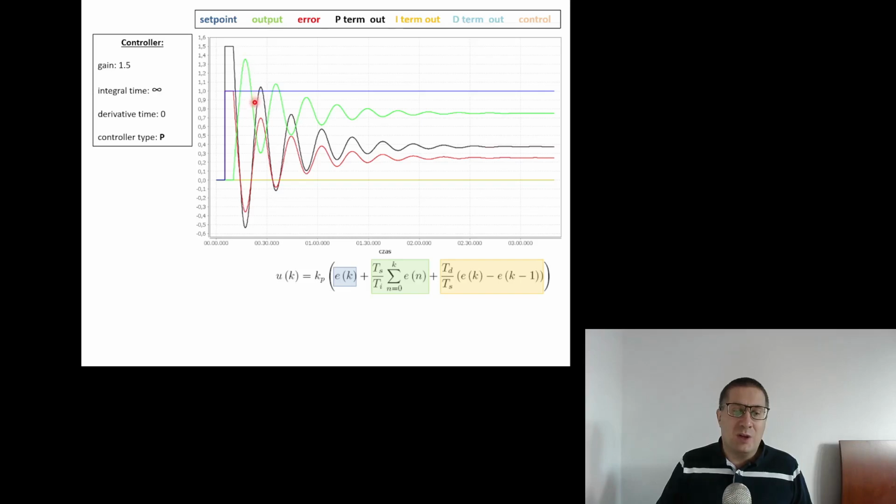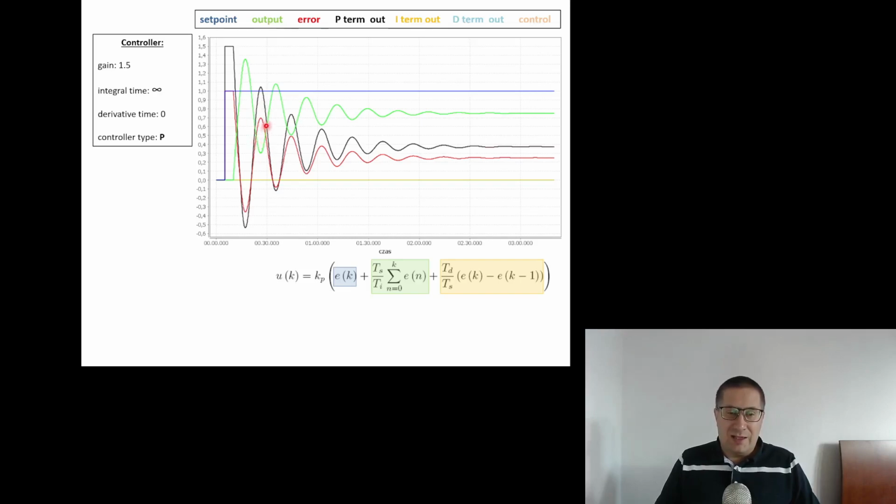It's going even below the set point. So if it's going below the set point, the error is increasing. It's getting positive values. The control signal right now also has positive values. So now we are pressing the throttle pedal, right? And then we see that we are sending more and more energy to the plant.